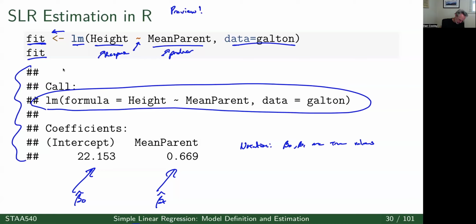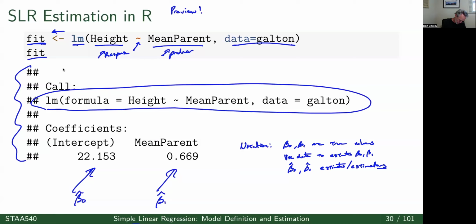What we're going to do is we're going to use data to estimate beta naught and beta 1. And so we have estimates beta naught hat, beta 1 hat. I'm going to write estimates, estimators. These are the estimates that come out, beta naught and beta 1.